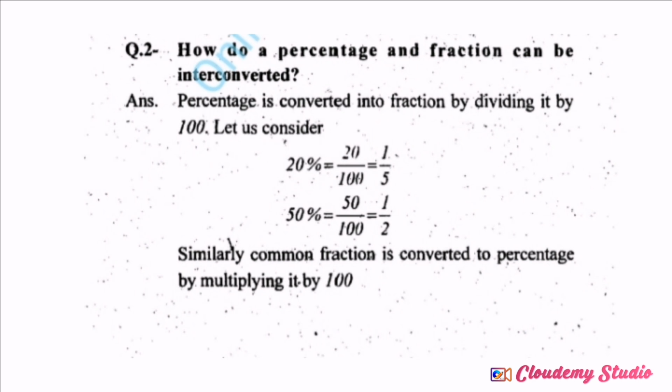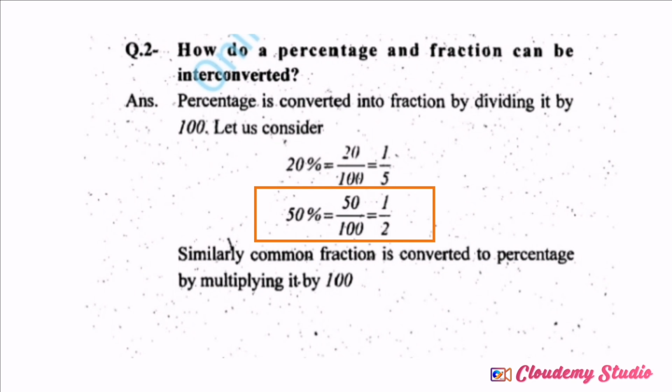Let us consider 20% is equal to 20 divided by 100, which is equal to 1 over 5. Similarly, 50% is equal to 50 divided by 100. This is equal to 1 over 2.